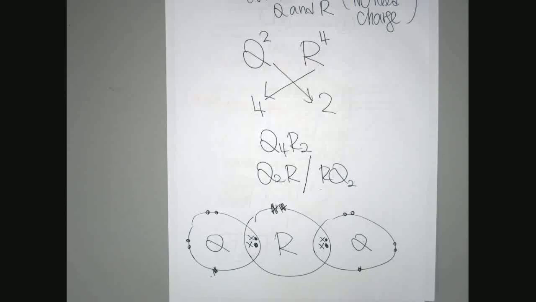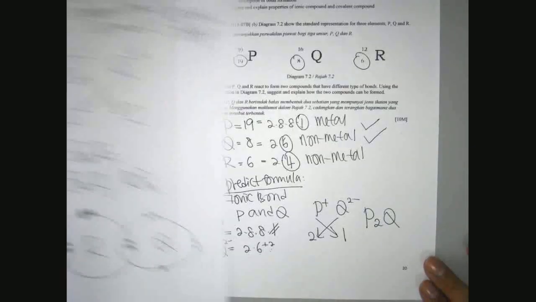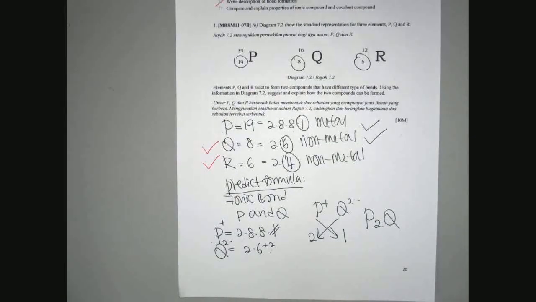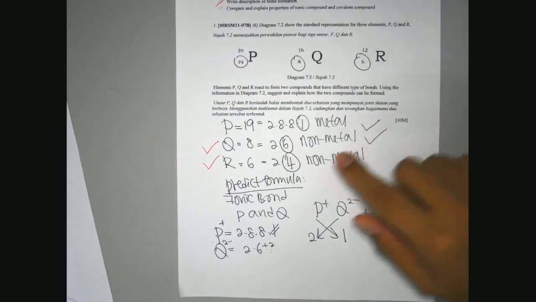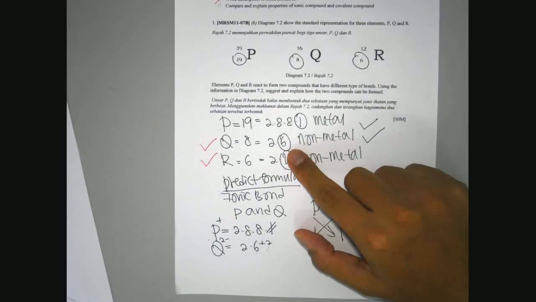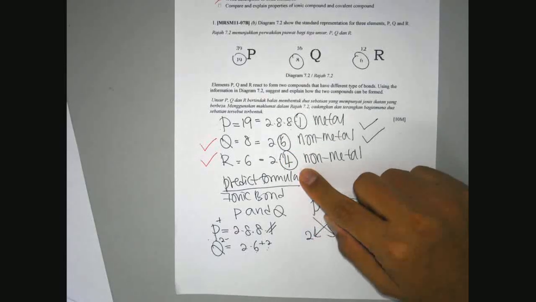Alright, so the description is exactly the same as what we learned just now. We can just mention verbally: atom Q has electron arrangement 2.6. Atom Q needs 2 electrons to achieve stable electron arrangement. Atom R has 2.4.